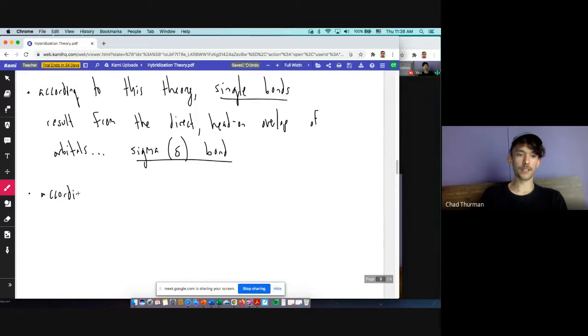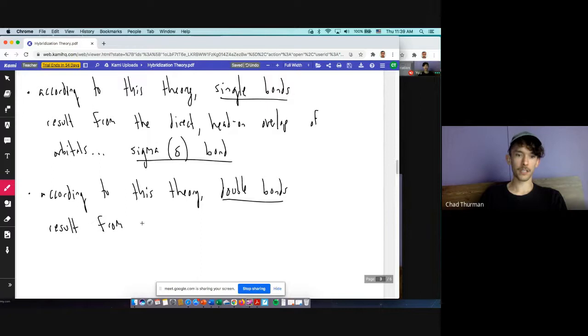According to this theory, double bonds result from one sigma bond and one what we call a pi bond.